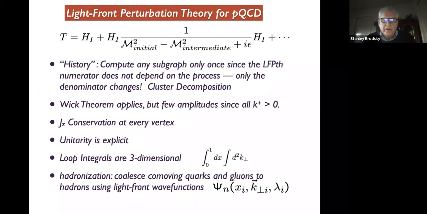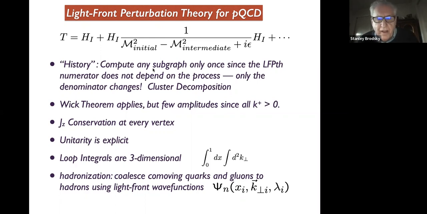Also, just a slide that says that I'm a fan of light front perturbation theory. So we're so familiar with Feynman perturbation theory, we don't think twice. But you normally don't think about using ordinary old-fashioned perturbation theory because it's n factorial time-ordered diagrams for every graph. But it's much simpler, much more elegant in the front form. Some of the interesting features are that you only get a few diagrams, not all n factorial, because all the k pluses have to be positive.